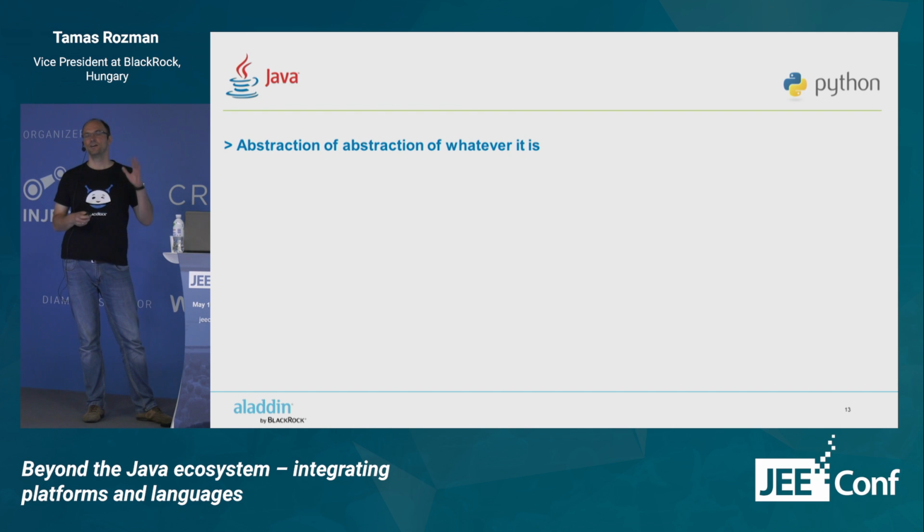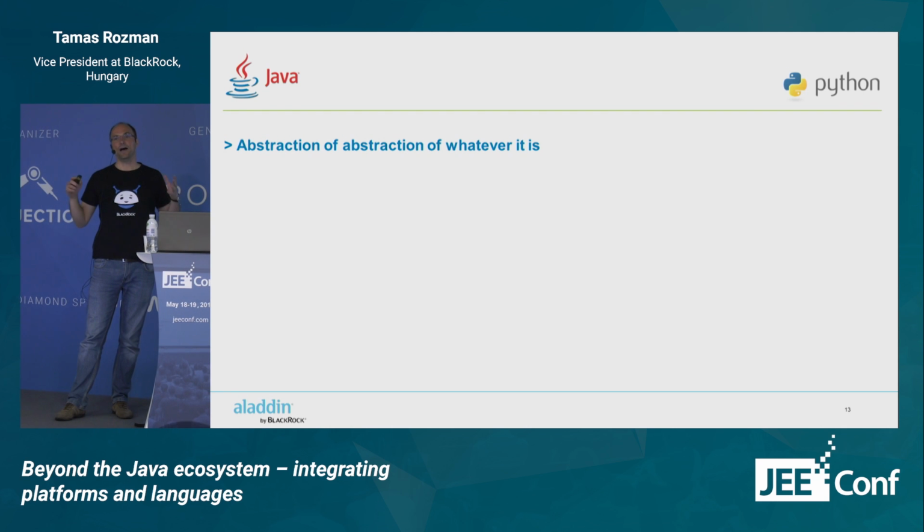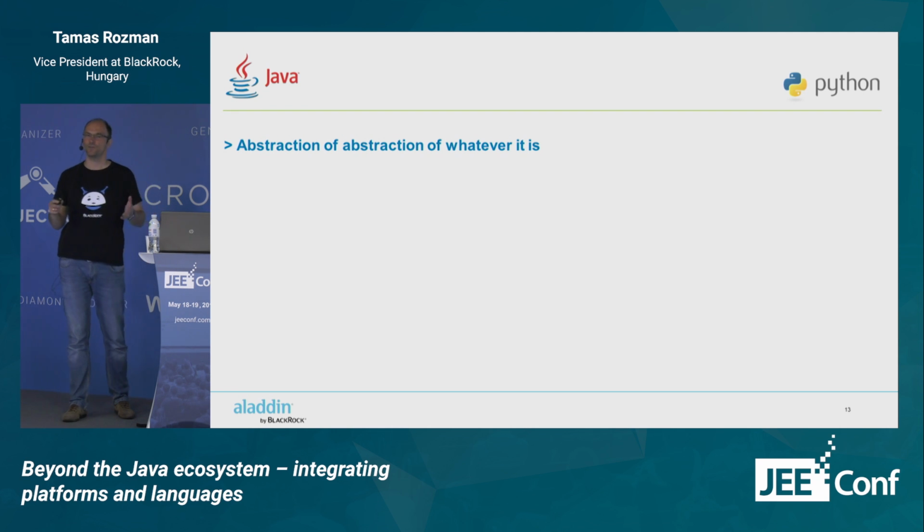Java developers love abstraction, abstraction of abstraction, and maybe we forgot what the original idea was, but abstraction is the king. And from my experience with this application, the time series data is quite complex and hidden in generics and classes, and it's beautiful, but it is very hard to follow.